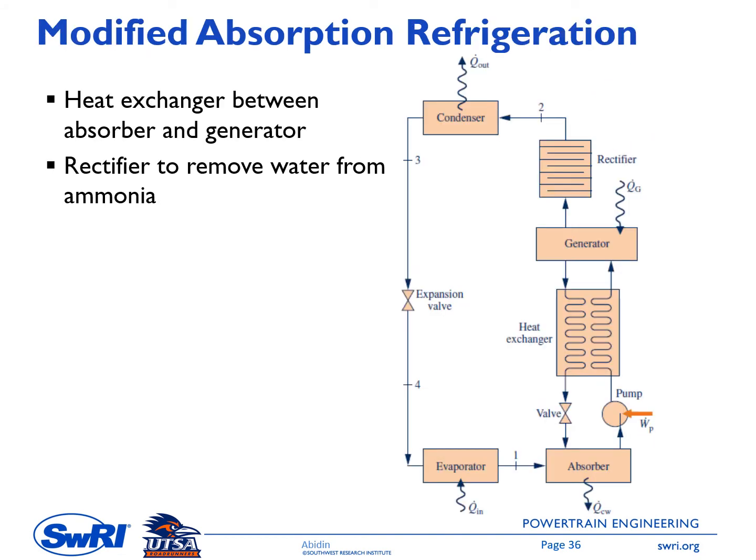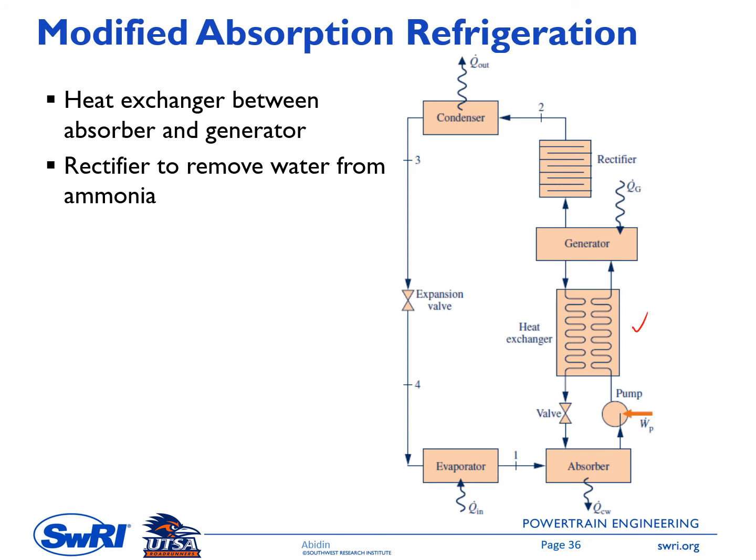This absorption refrigeration system is still under development, and one of the modifications found is having a heat exchanger between the absorber and the generator. This one is the additional component.